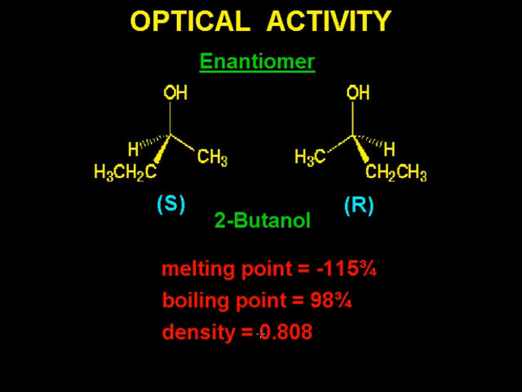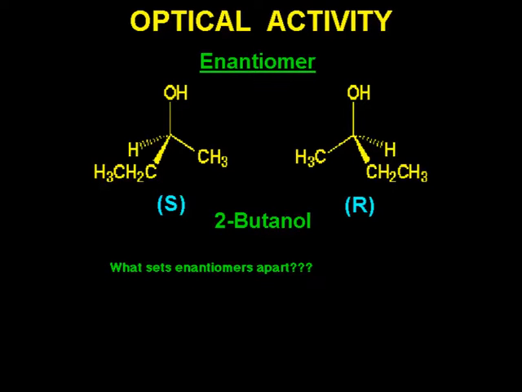If you can accurately measure the melting point up to 5 decimals, you will see that both of them have exactly the same boiling point up to the 5th or 10th decimal, depending upon how accurately you can measure it. So they have exactly the same physical properties. We said that they also have identical chemical properties, right?